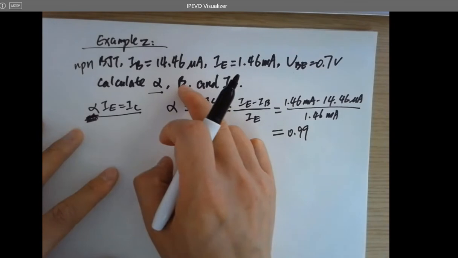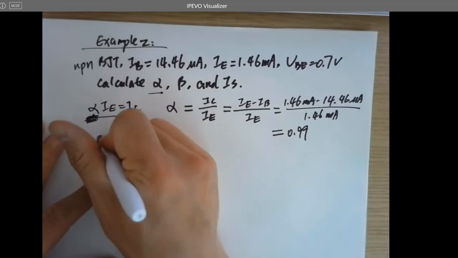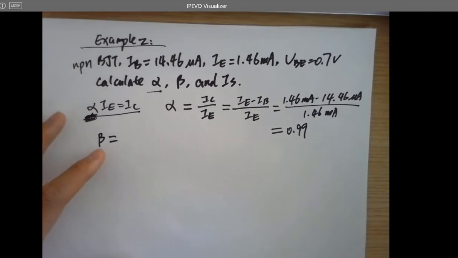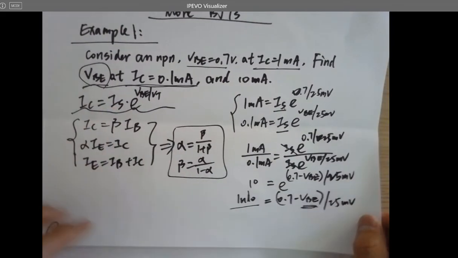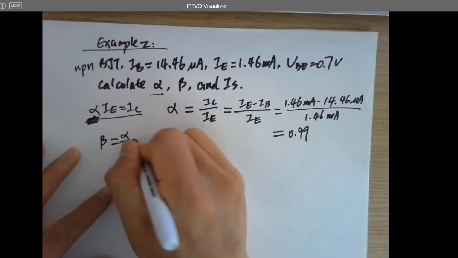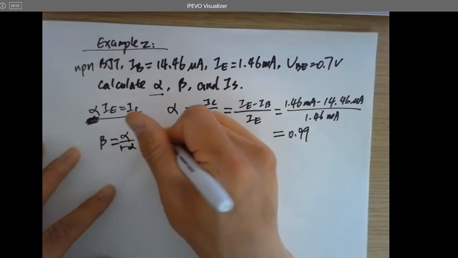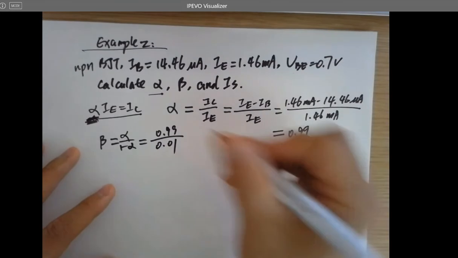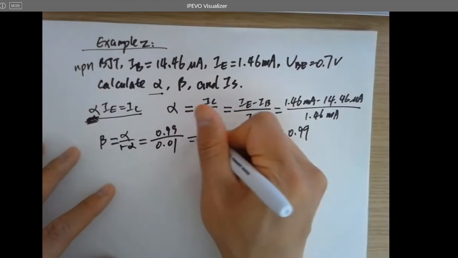So what is beta? Beta is a function of alpha, right? You just want to remember this really clearly every time. Just memorize all these equations. It's alpha over 1 minus alpha, like this. So it is 99.